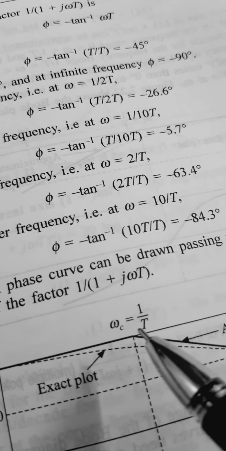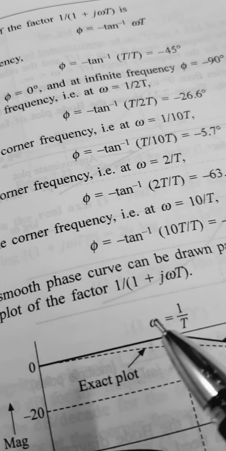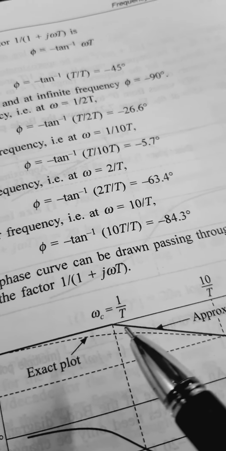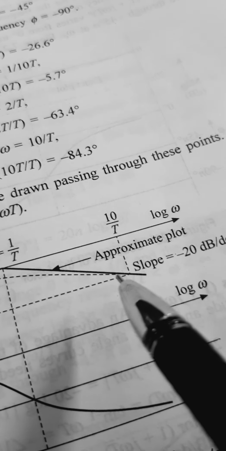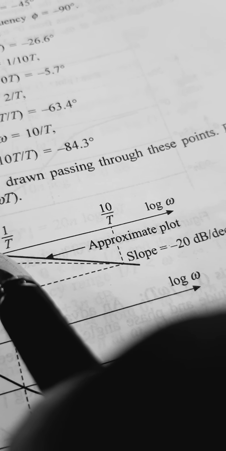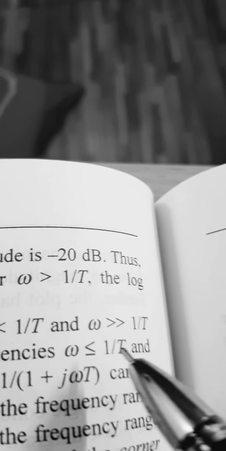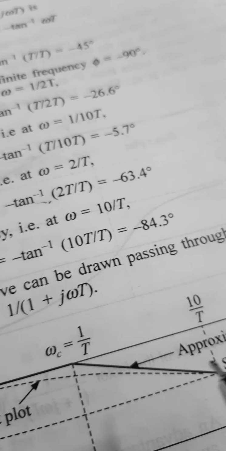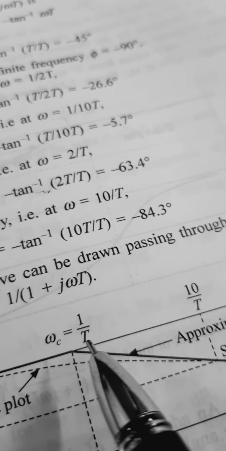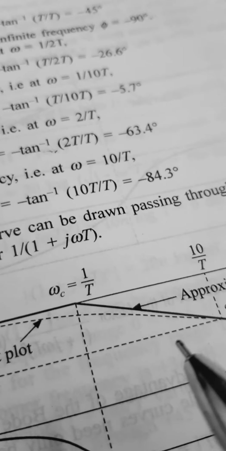We are assuming that it is a straight line till 1 by T, and after 1 by T, actually it will be 0 for omega very much less than 1 by T, and for omega very much greater than 1 by T the slope is minus 20 dB per decade, but this condition is extended to omega less than or equal to 1 by T and omega greater than or equal to 1 by T. That means here it is okay, this side also okay, but we are extending that same thing to here as well as from here to here as a straight line.